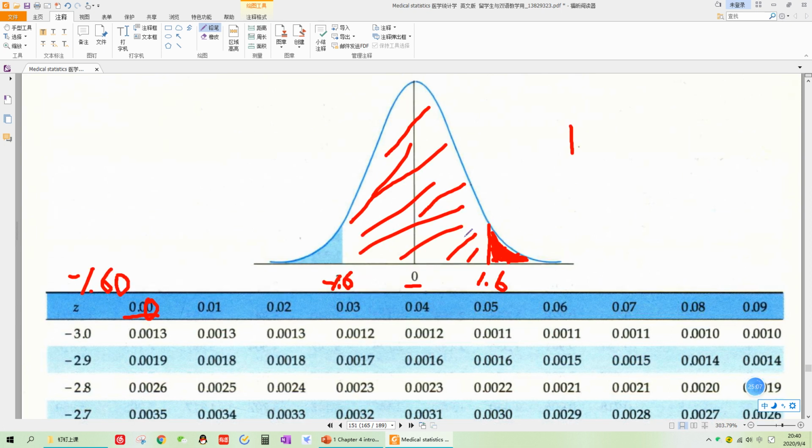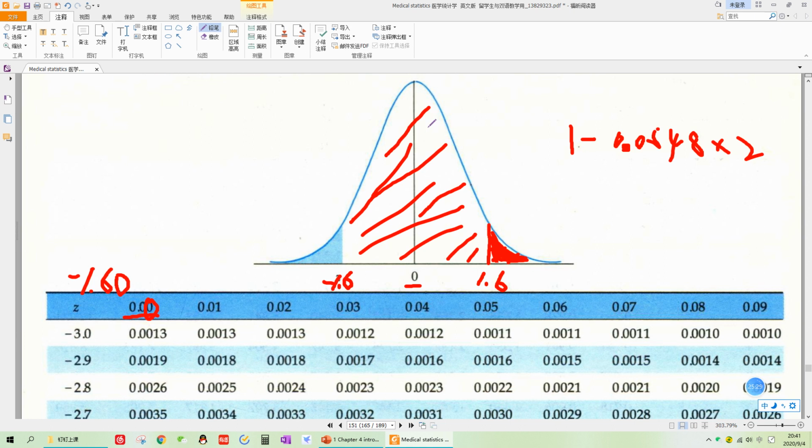So that means between these two values, the probability should be 1 minus 0.0548 times 2.